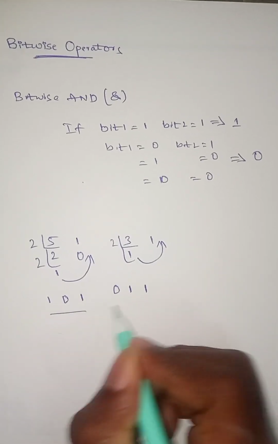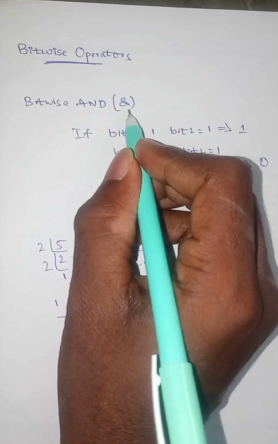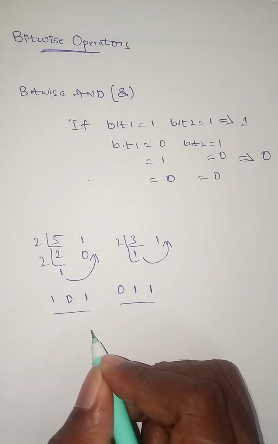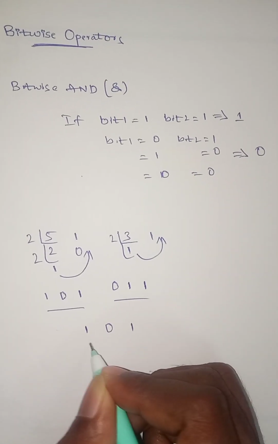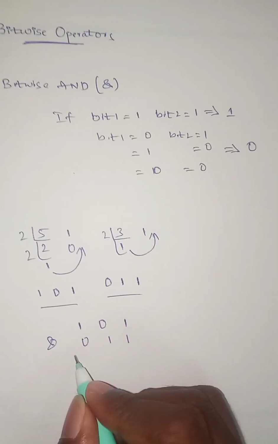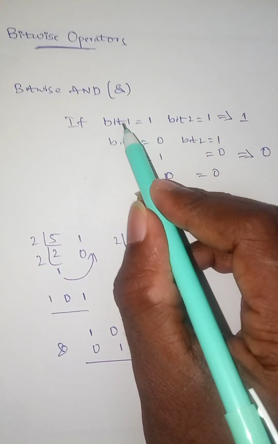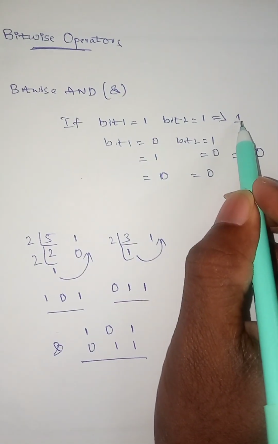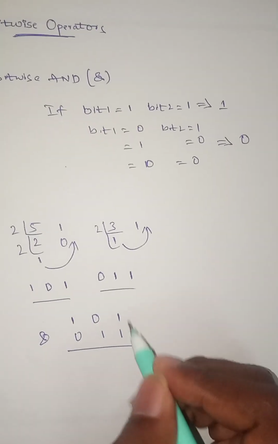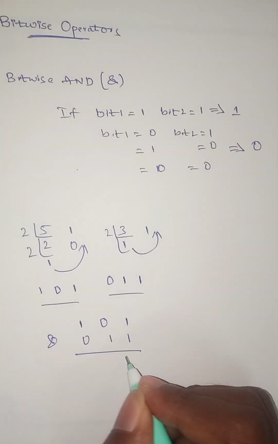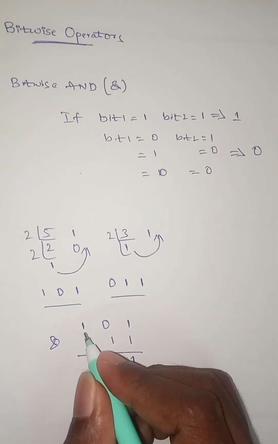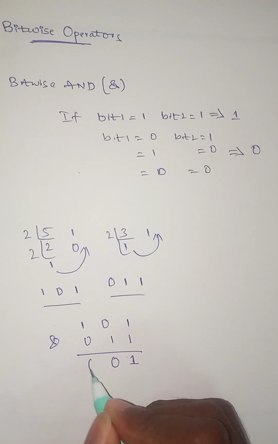Now if we perform the bitwise AND operation between these two bit representations, 101 and 011, as I said, if both the bits are 1, then the output would be 1, and in all other cases the output is 0. So here we have 1 1, so the output would be 1, and here we have 0 1, so the output is 0, and here we have 1 0, so the output is 0.